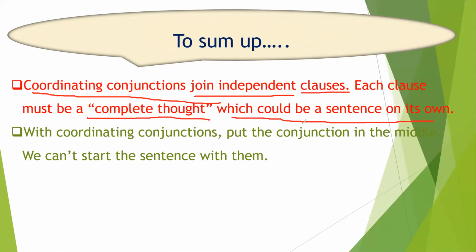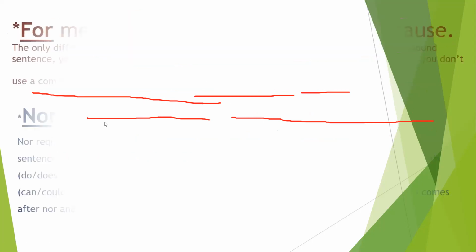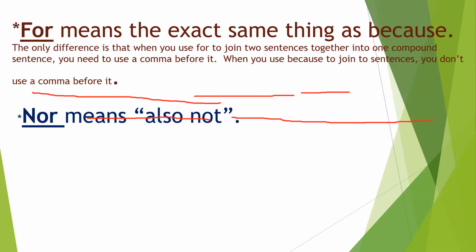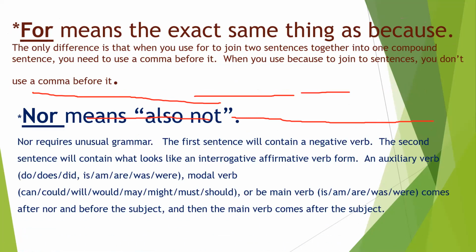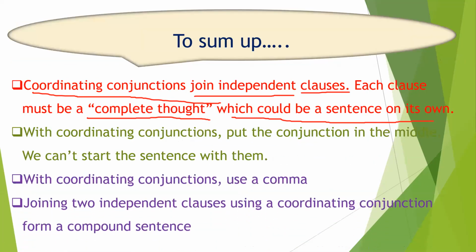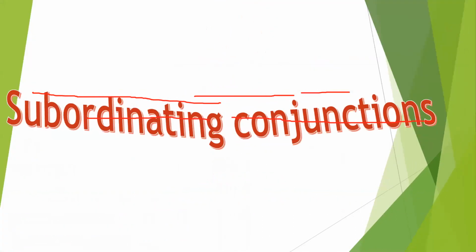For example, I had to stay at home today, for I was sick. For is a coordinating conjunction used instead of because here. It means because. All right.